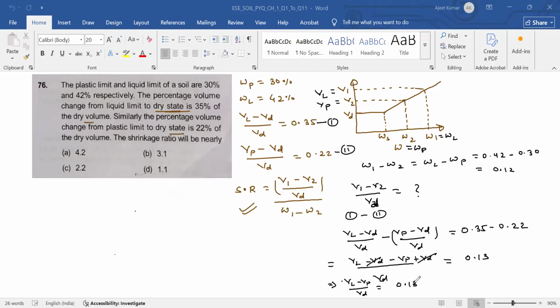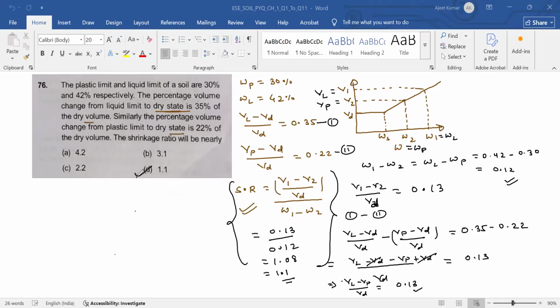So the shrinkage ratio is nothing but these two ratios, 0.13 divided by 0.12. 0.13 divided by 0.12 is 1.08, and you can approximate it as 1.1.